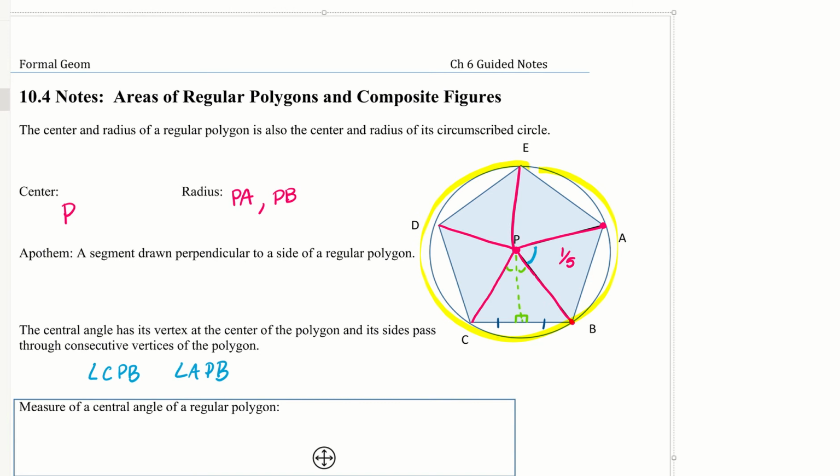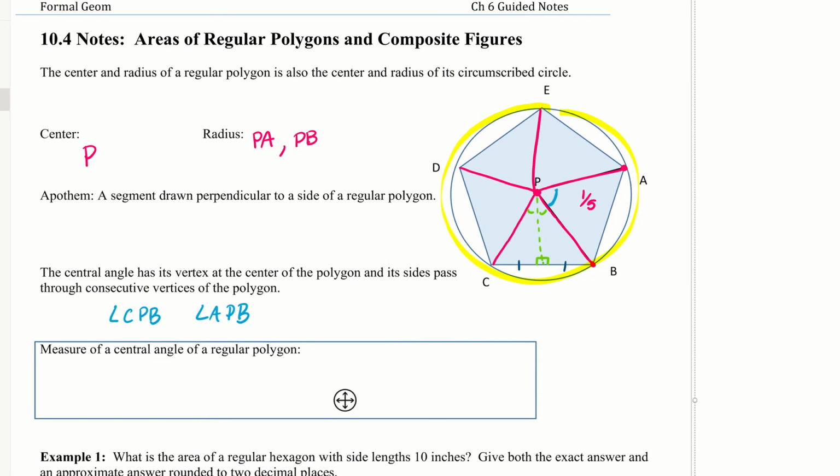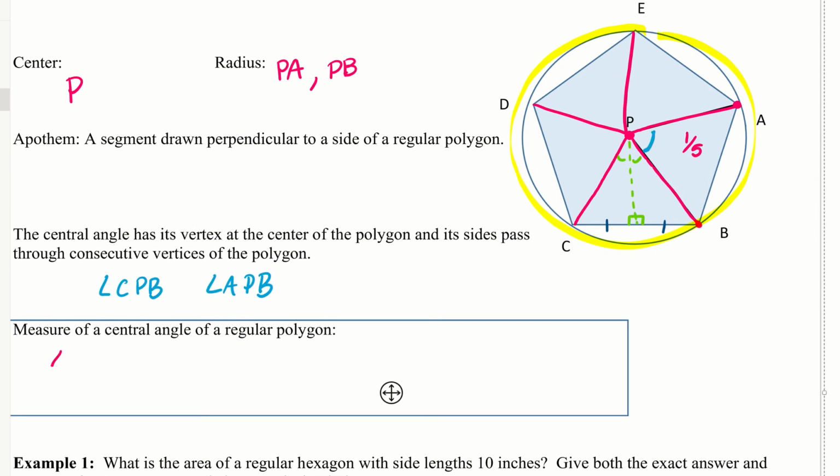So in the example of pentagon ABCDE, my central angle, say angle APB, would be equal to 360 degrees divided by my number of central angles, which is 5.